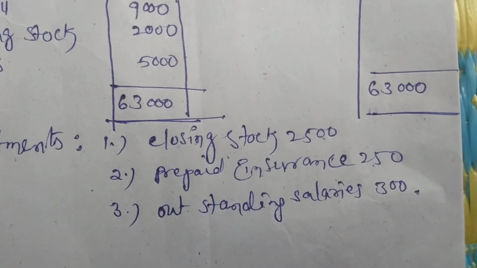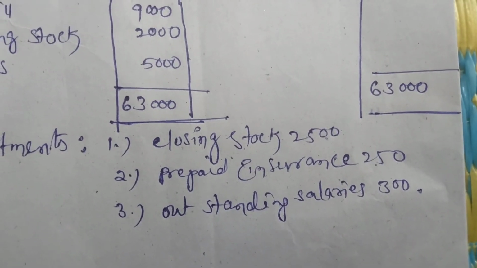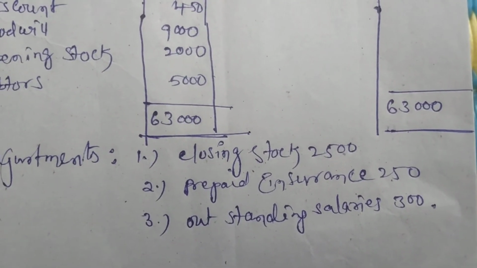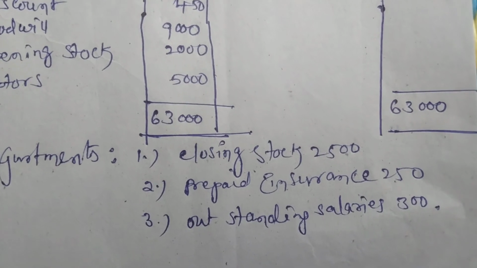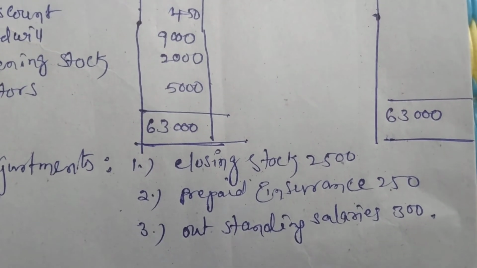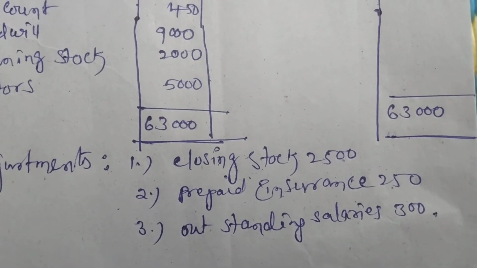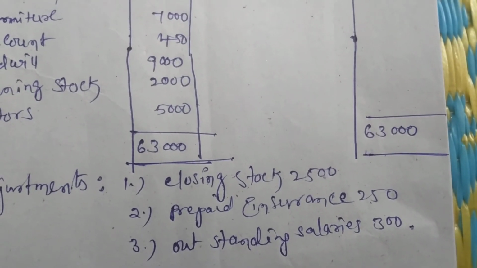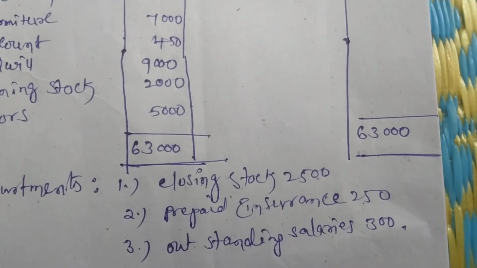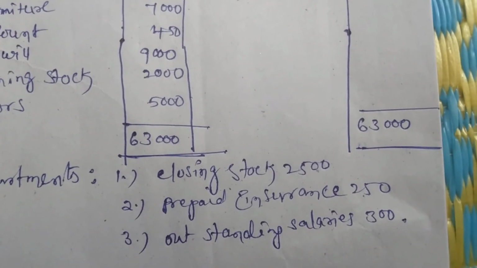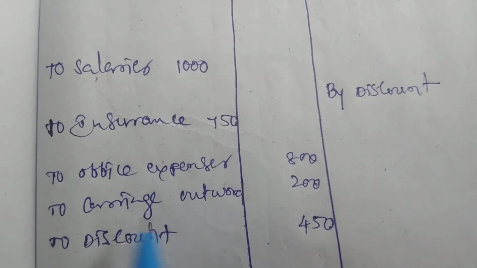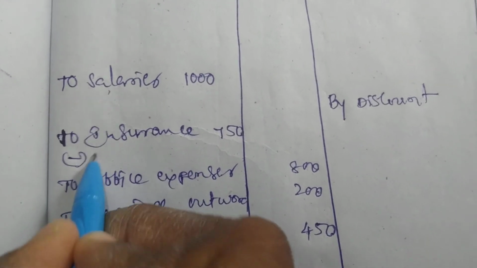Next one is prepaid insurance 250. So the prepaid insurance is paid before the time. So the prepaid insurance is deducted from the insurance and shown in the asset side of the balance sheet. So first of all, deducted from the insurance, that is prepaid.